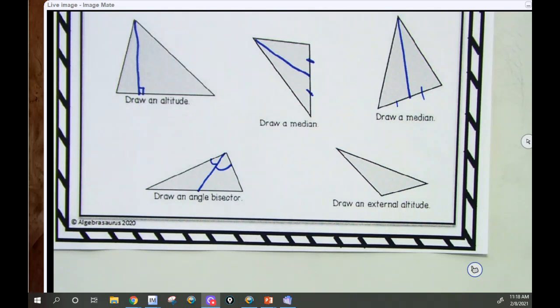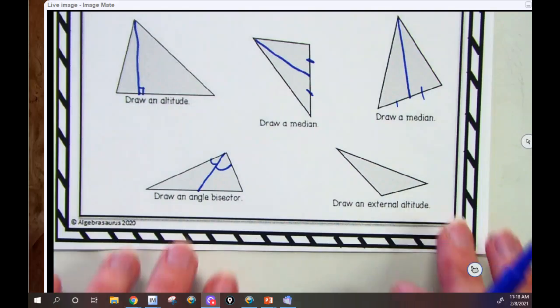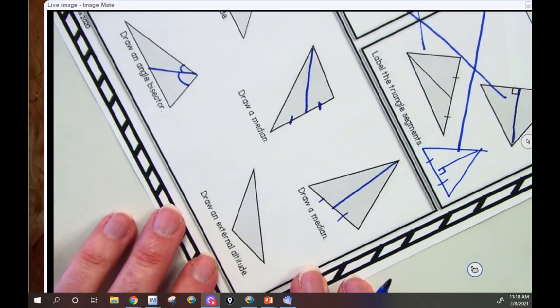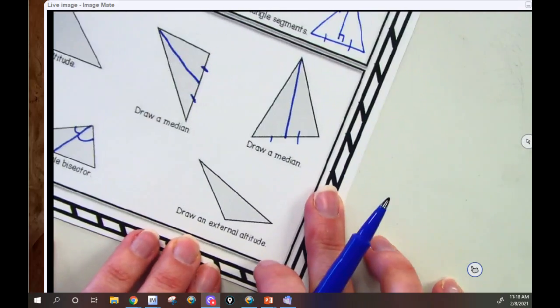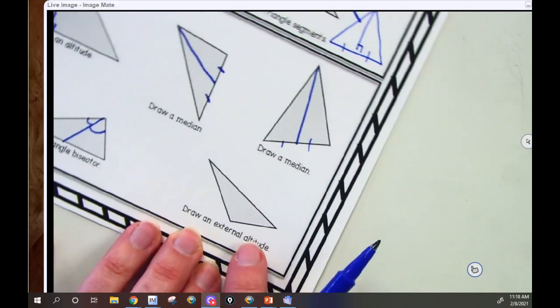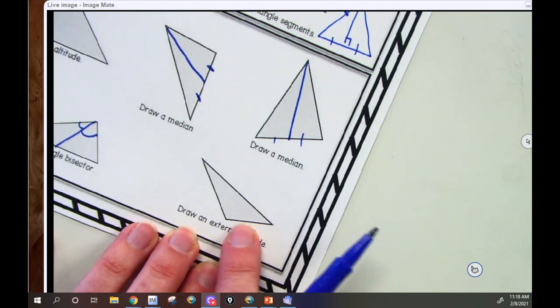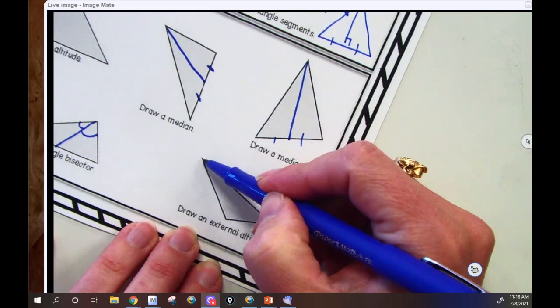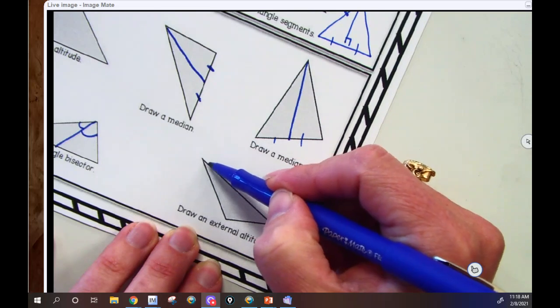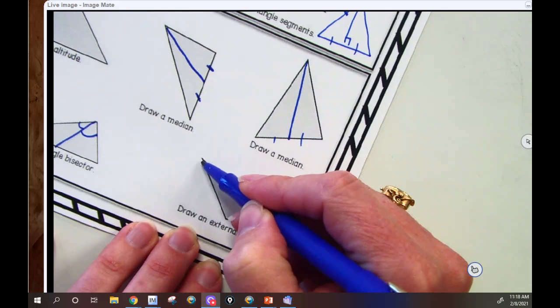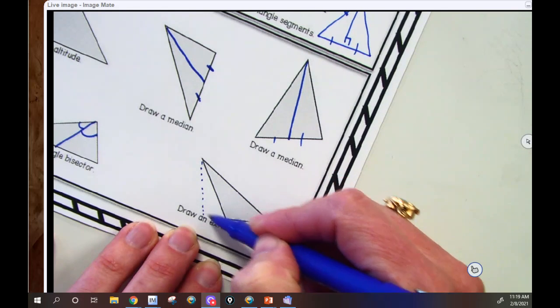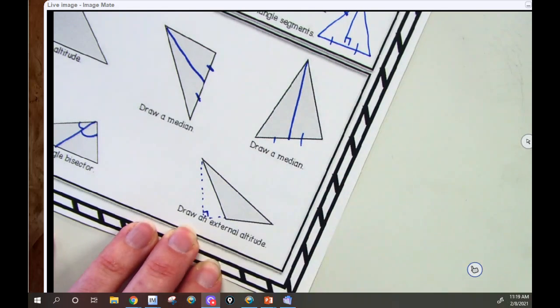Draw an external altitude. I am going to tip that. So this is the bottom of our triangle. Coming from that top vertex now, I'm not going to end up inside if I drop a straight line down, am I? So that straight line down, that's what an external altitude looks like.